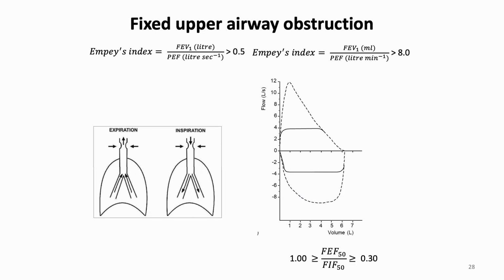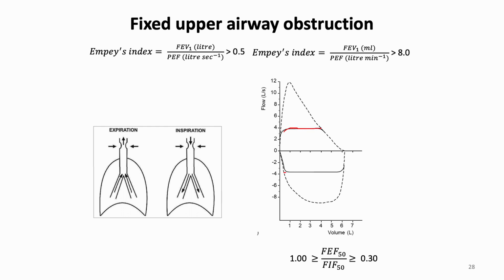This leads us to the fixed upper airway obstruction. So this is a type of airway obstruction that's fixed in the sense that it limits both flow during inspiration and expiration. Again, MPS index will be increased, but under these circumstances, flow will be limited both during inspiration and expiration, so both will become somewhat flat or box shaped, as you can see here.